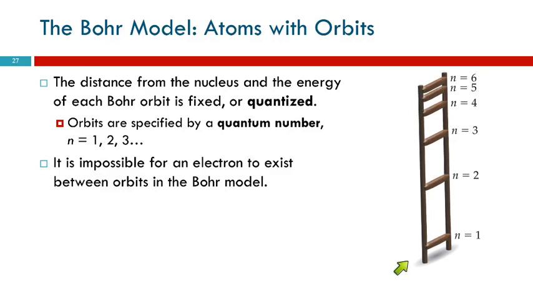And here I've got a ladder. There are a lot of things in real life that are also quantized. A ladder is quantized. You can stand on the first rung. You can stand on the second rung. You can't stand in between, right? There's the second rung, the third rung. You can't go in between. You can't stand there. You can stand on the third, the fourth, the fifth, etc. Our monetary system is quantized.